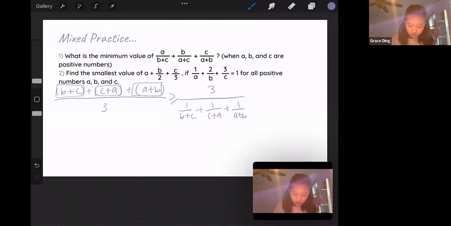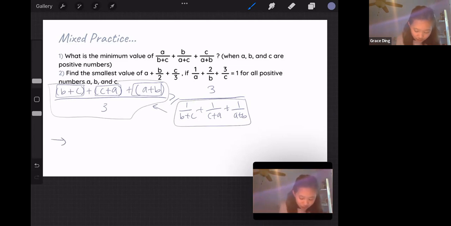Okay. So now we can move this one over to the side, and then we'll move this whole thing over to the denominator technically. So we should have these two terms.